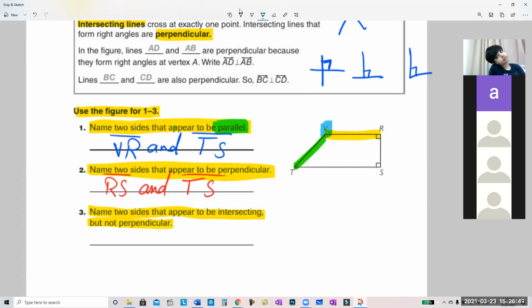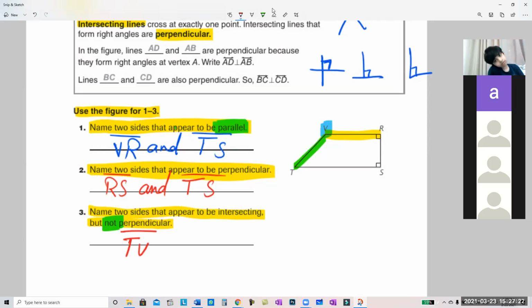But it's not perpendicular because he asked you to write not perpendicular here. If he didn't tell you not perpendicular, you could tell me any two lines that intersect each other, even if they are perpendicular, it's okay. But he asked you to mention two sides not perpendicular.